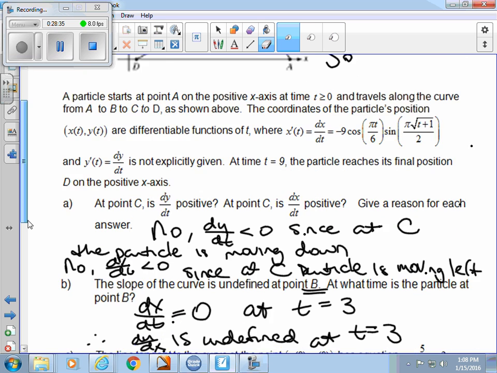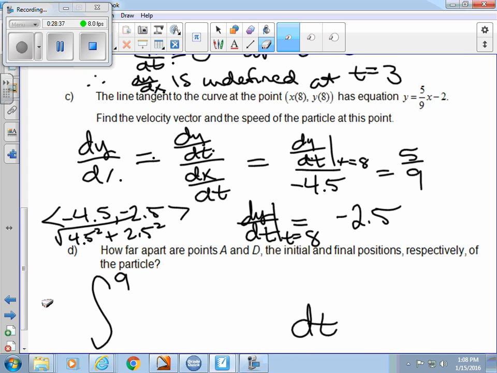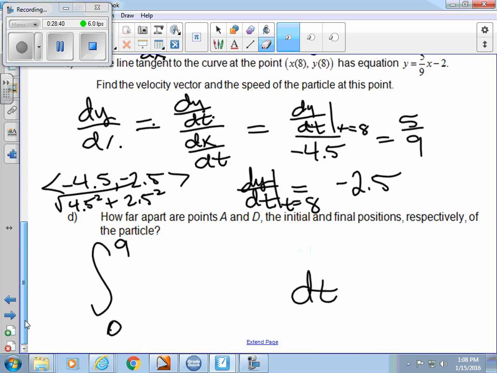So that means all I need to do is the integral of x prime of t to get distance from time 0 to 9 of x of t.